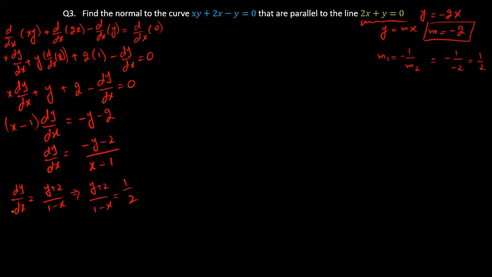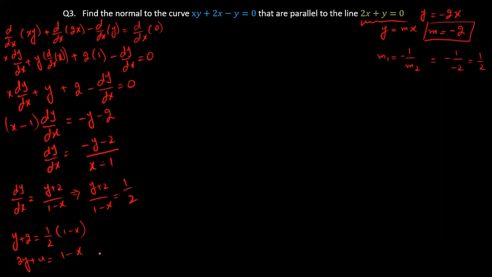And by solving it further, we'll get y plus 2 is equal to 1 by 2 times 1 minus x, and 2y plus 4 is equal to 1 minus x.